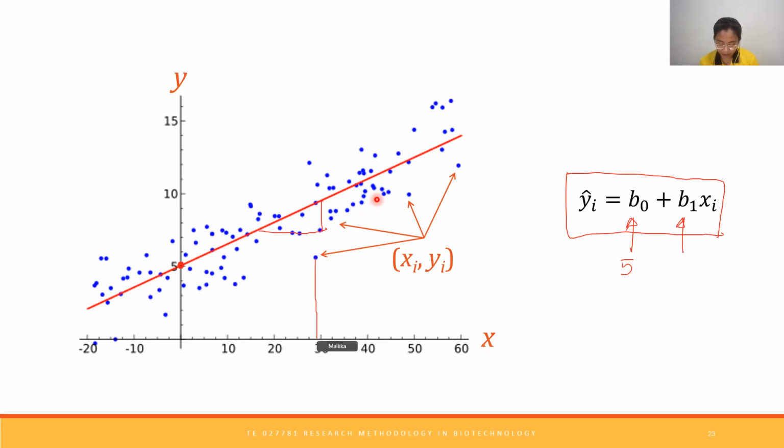It would be the first value of your experiment, so this one could be your x1, y1, and that could be your x2, y2. So each data point has its own values.